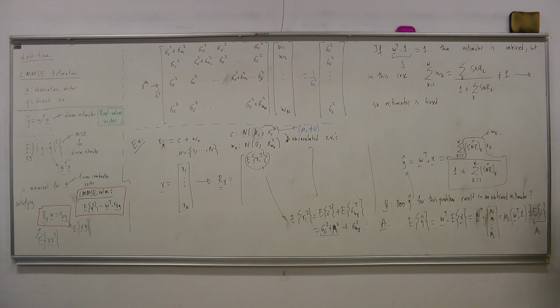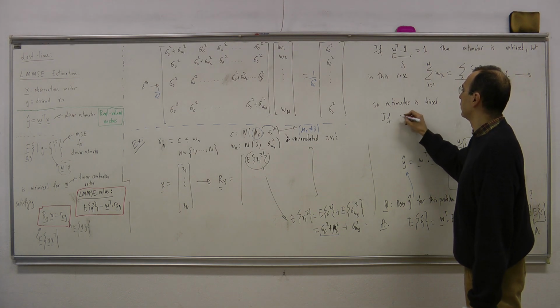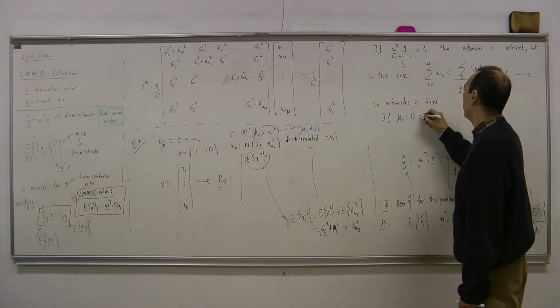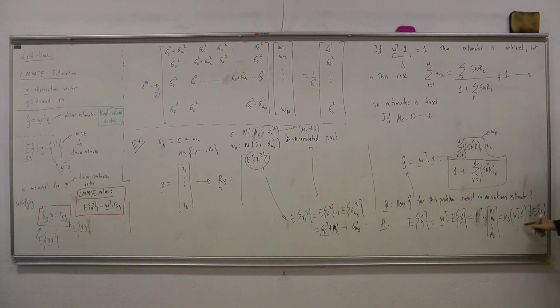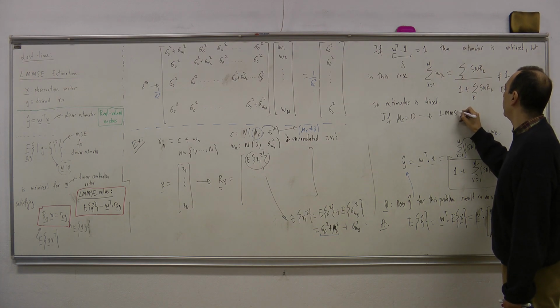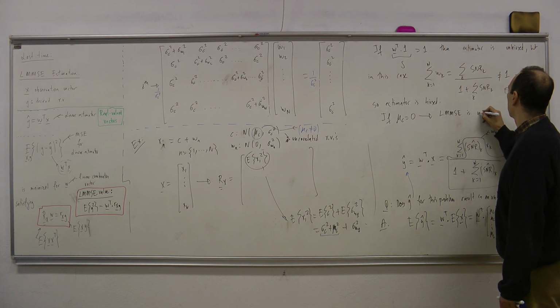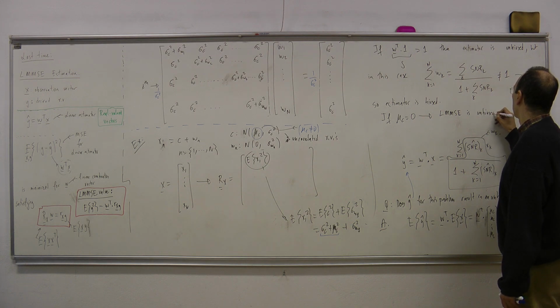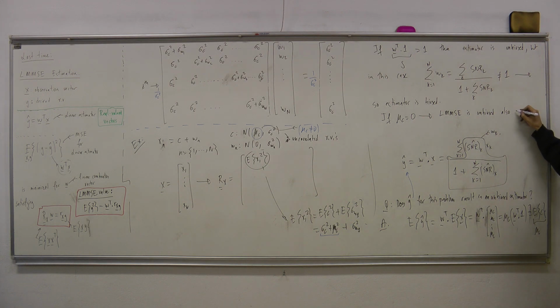So how about the case if mu_c is equal to 0? Then this equation is always satisfied, because 0 times a number is 0, so the linear MMSE is unbiased also in this case.